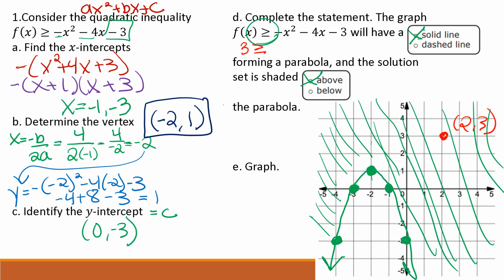So any ordered pair in our shaded region would work. If I chose something not in the shaded region, something down here, let's say -3, -3, and plugged those in, I should get something that is not a true statement. So that's what the shading means.